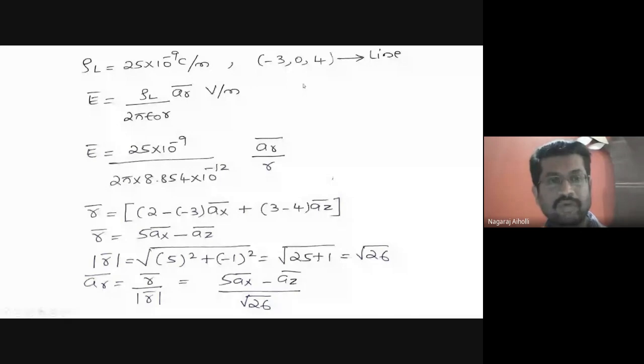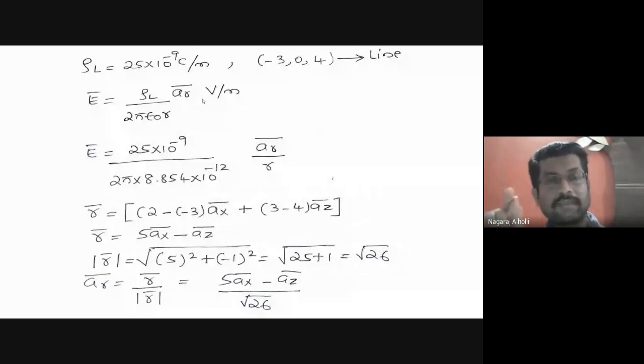Then according to our formula for the electric field intensity, E bar is rho L divided by 2 pi epsilon naught r, a_r bar. The final formula that we had got in the last class was rho L divided by 2 pi epsilon naught r, a_y bar. But a_r bar and a_y bar are in the same direction. The r is the perpendicular distance from the origin to the point P on the Y axis, that is our small r.